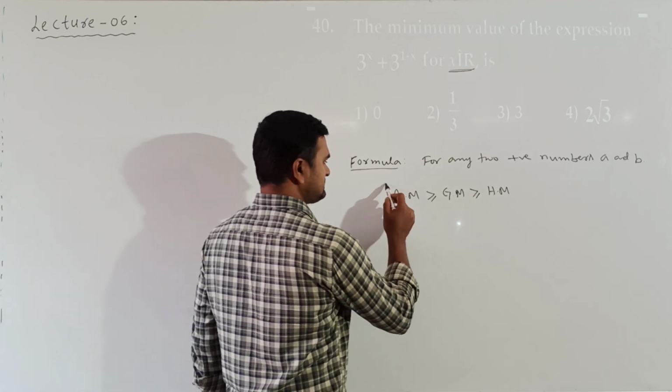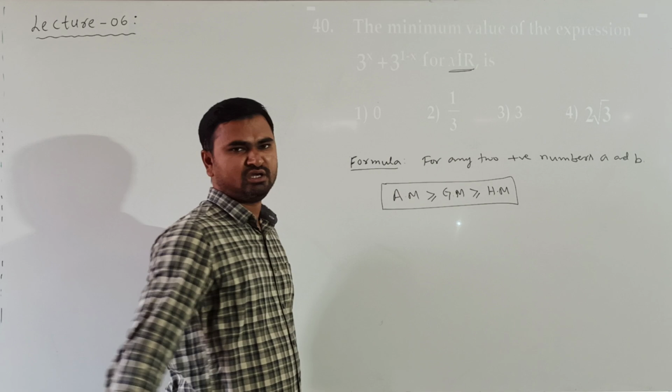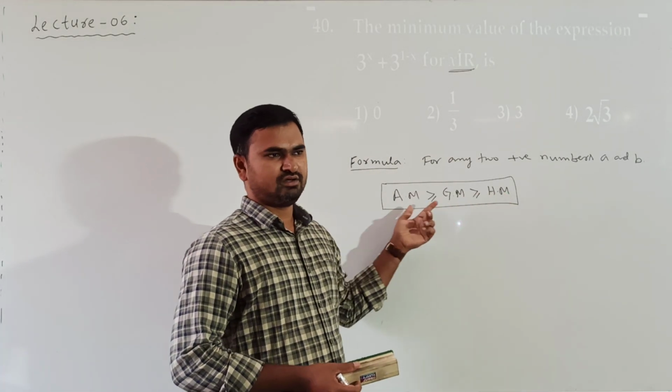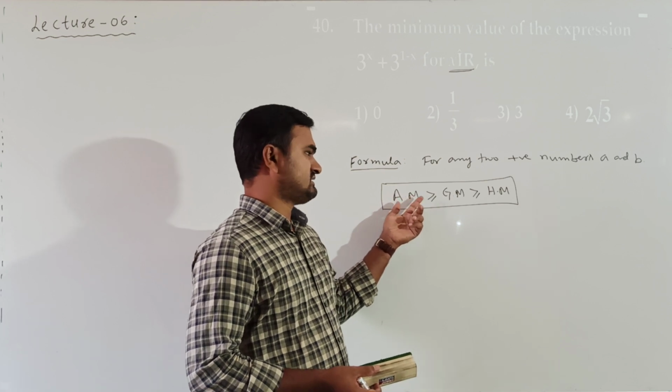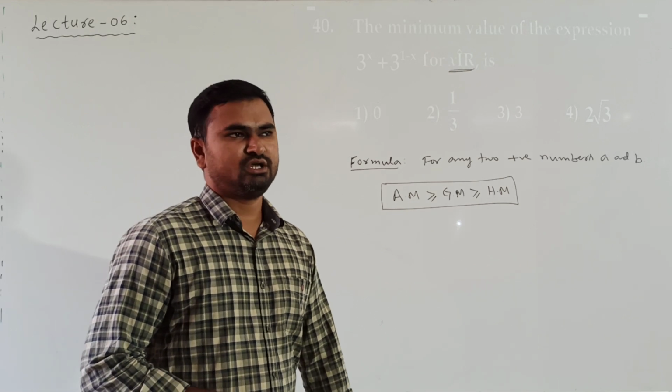You can verify this by taking some positive numbers: find their arithmetic mean, the geometric mean, and the harmonic mean. You can observe that the arithmetic mean is always greater than or equal to the geometric mean, which is always greater than or equal to the harmonic mean.